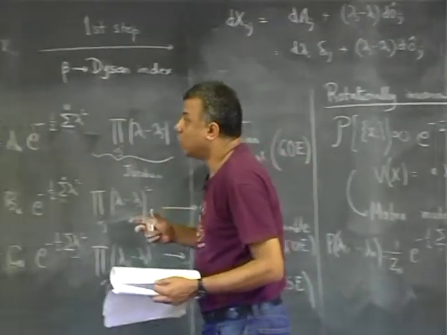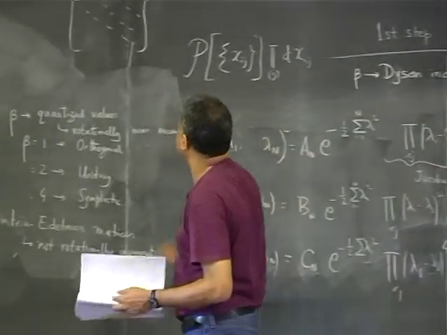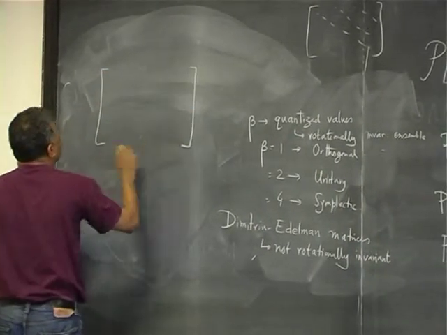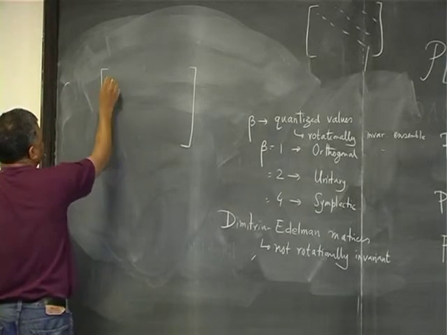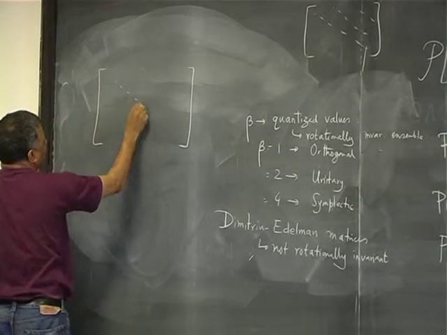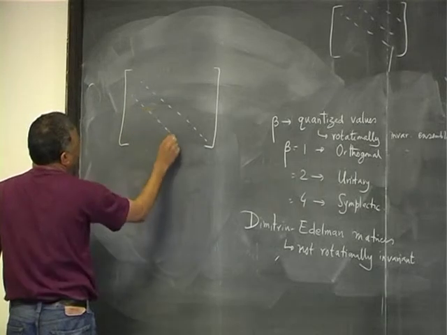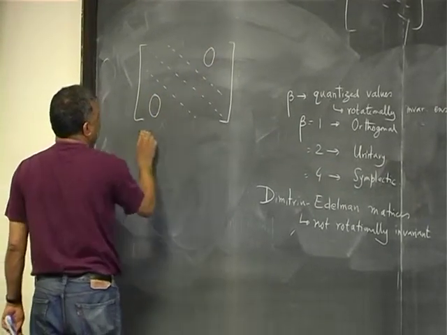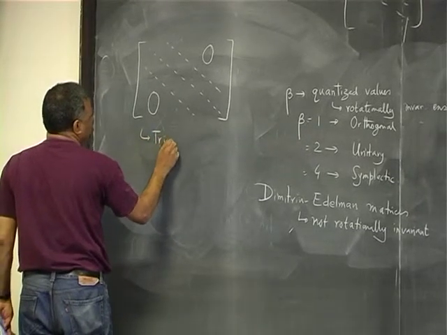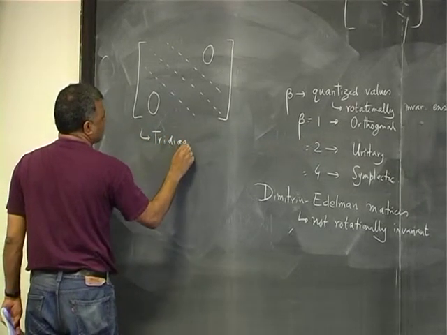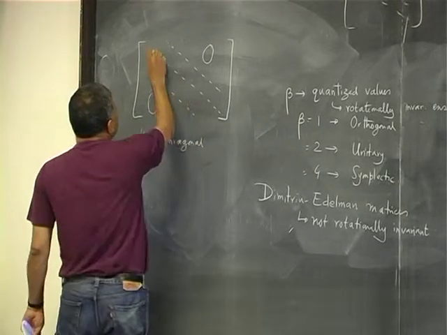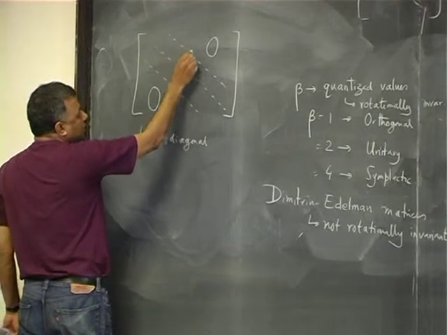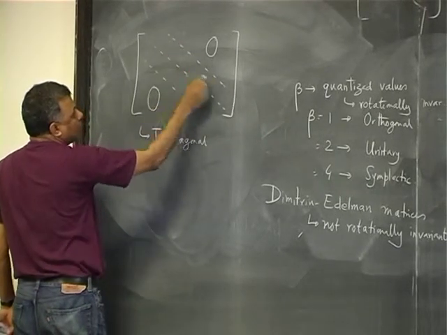The entries are actually drawn from what is called the chi-square distribution. So you have a matrix like that. Roughly speaking, I don't remember the details now, but it's a tri-diagonal matrix. The diagonal elements are non-zero, and these off-diagonal elements are non-zero, and the rest is zero. So you choose each element independently, but from a distribution which varies as you move along these lines.